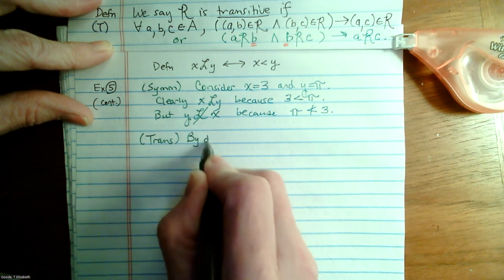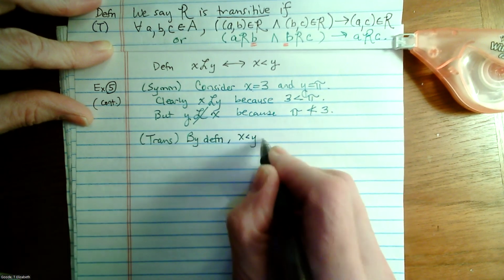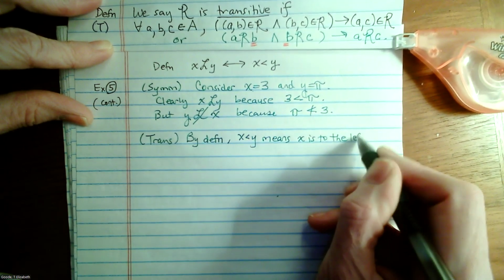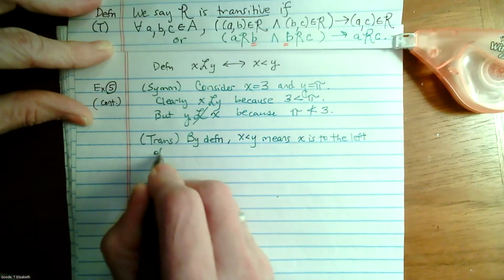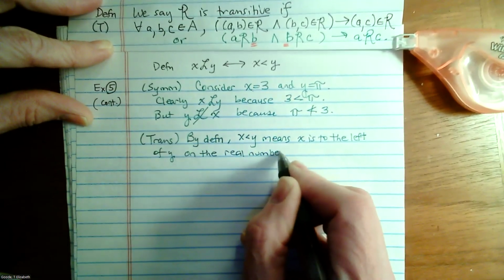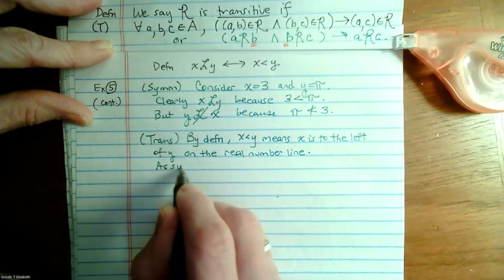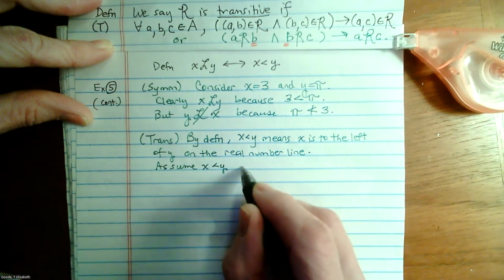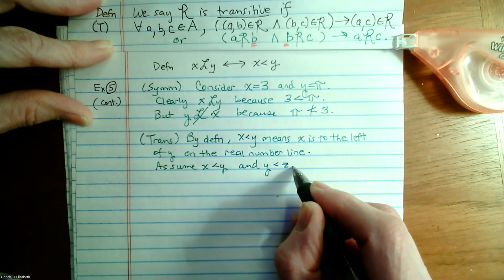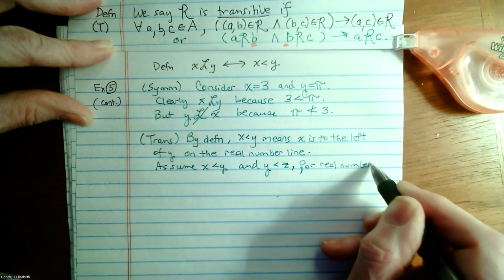Let's just write the definition of less than down for your notes in case you didn't realize this. By definition, X less than Y means X is to the left of Y on the real number line. So if we're going to prove transitivity, we're going to assume that X is less than Y and Y is less than Z for real numbers X, Y, and Z. What do we wish to show?